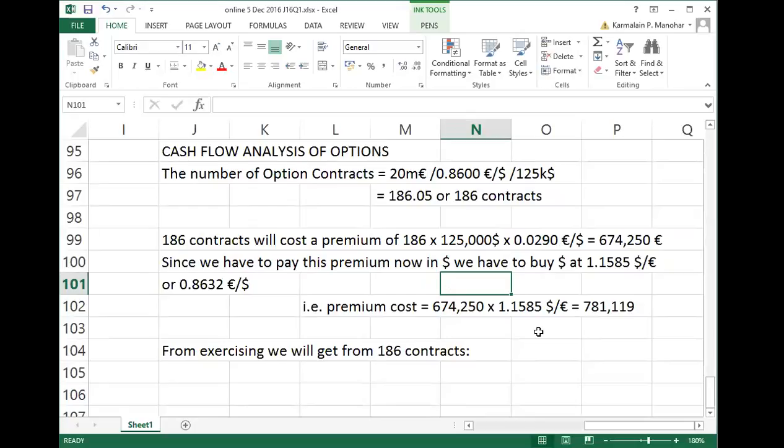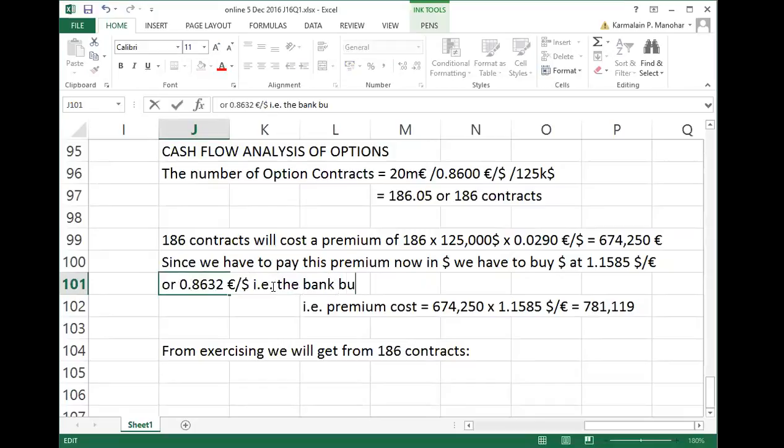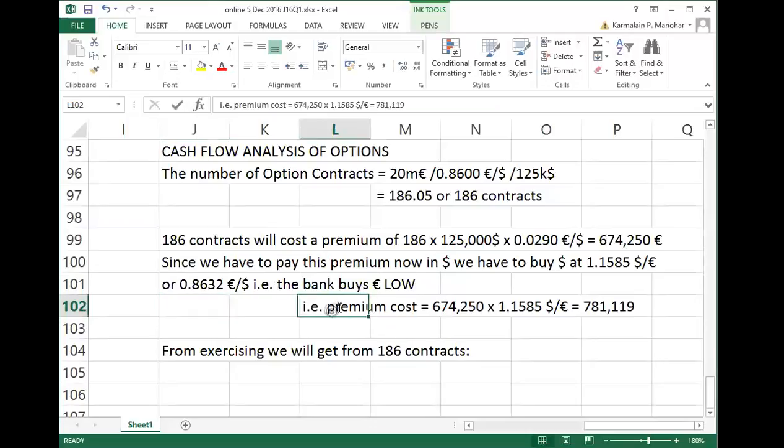And in selling our euros, the bank will buy our euros low, right? So that's where the 1.1585 comes from. So I could still note that here. That is, the bank buys euros low. So premium cost now, so many euros times that, will now give us a value in dollars.